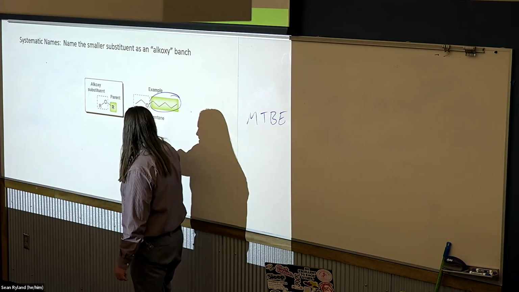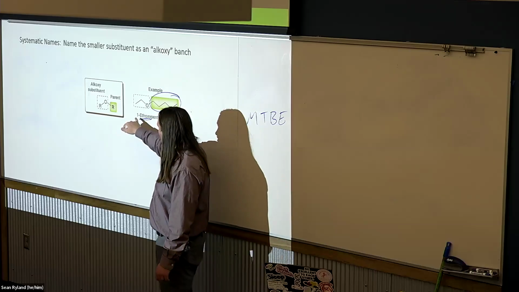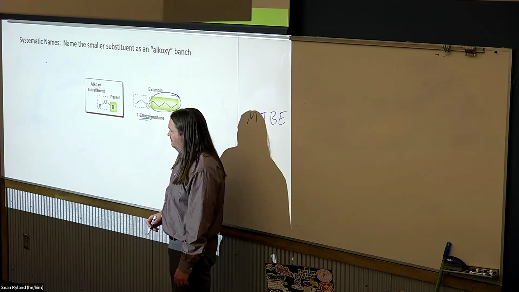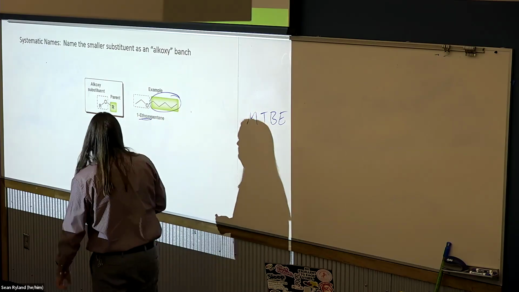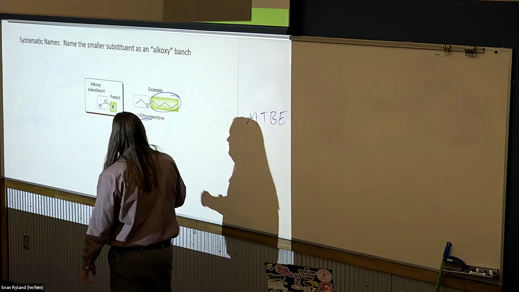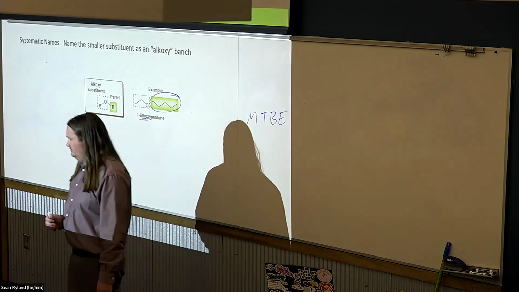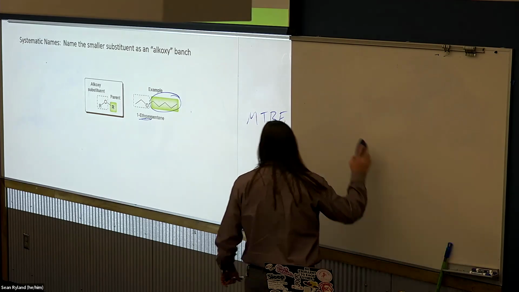That makes it an ethoxy. And then just like with normal, we specify where it's attached. The fact it's an ether is why we say ethoxy instead of just ethyl.